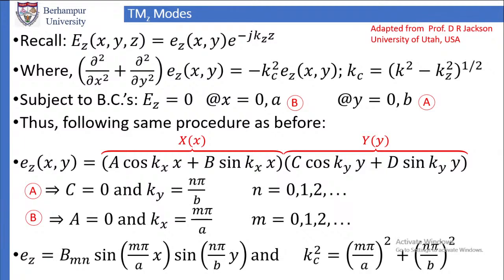So kc square is equal to kx square plus ky square, that is equal to m pi by a whole square, which is kx square, plus n pi by b whole square, which is ky square.